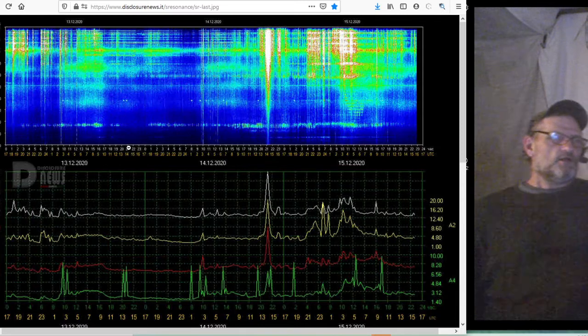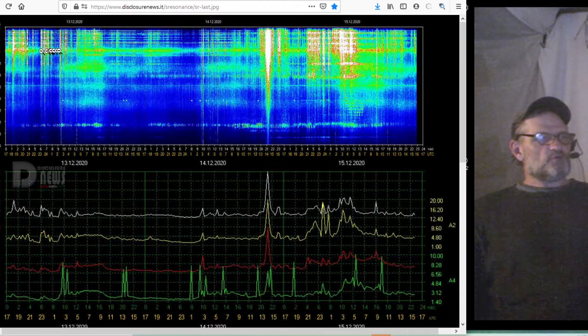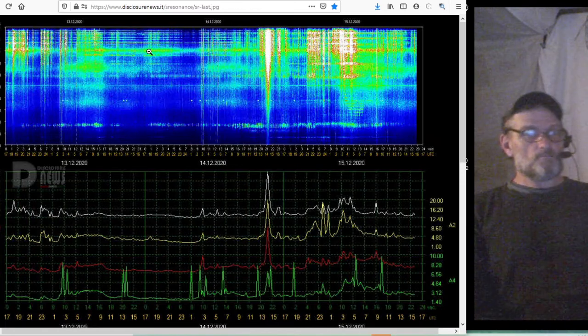What we're seeing here is the magnetic frequency of 7.83, and this is a fairly solid line going across. It doesn't move in frequency. The 7.83 frequency is not going to be moving up.